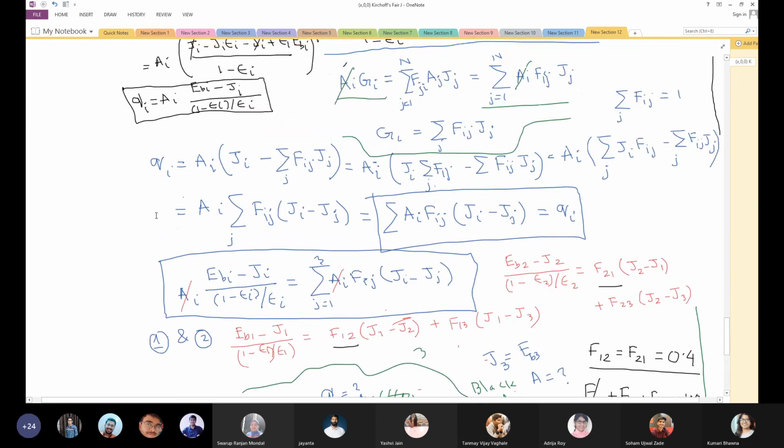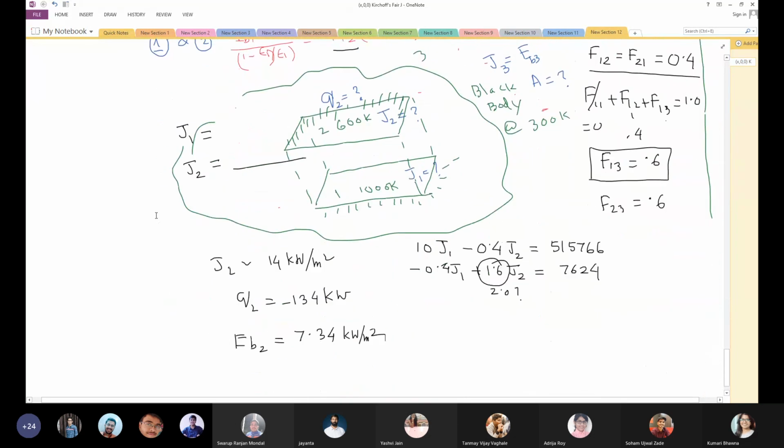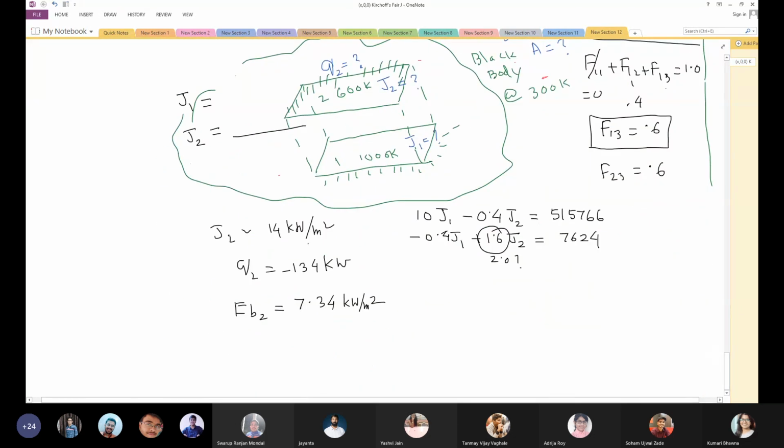So the area, what is the area? 10 meters square is the area.